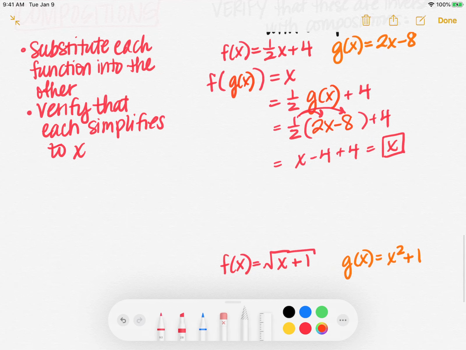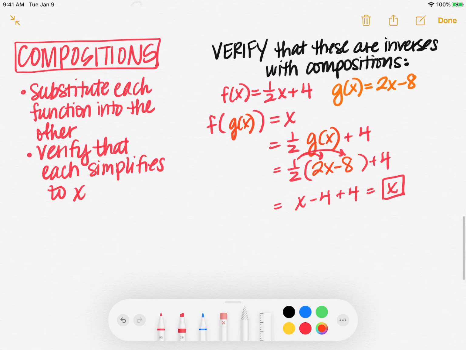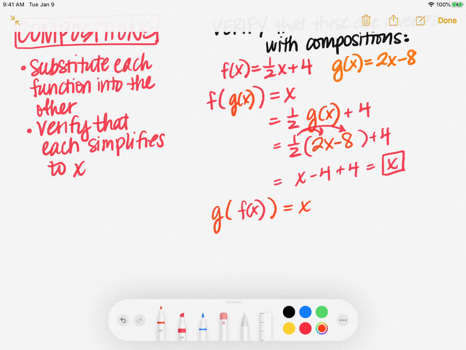Now I'm going to move this down really quickly. Okay, let's see if the other half works. So we want to be able to take g and plug in f of x and have it still equal x. So what is g?